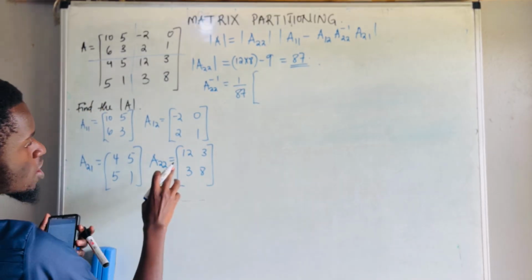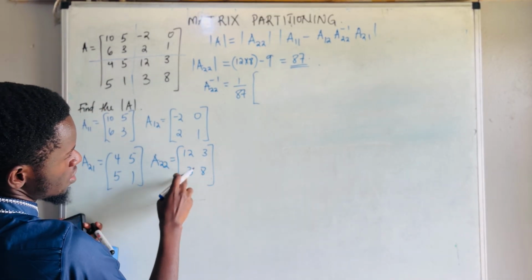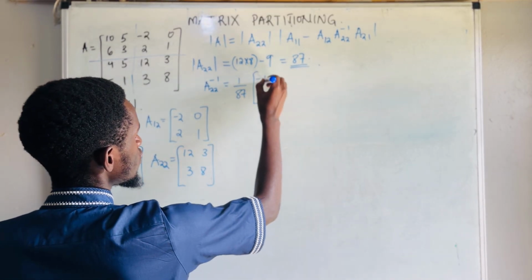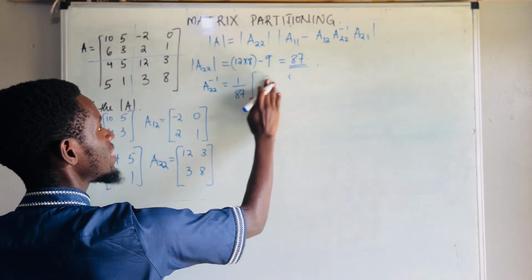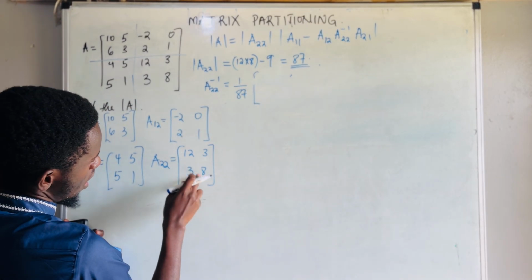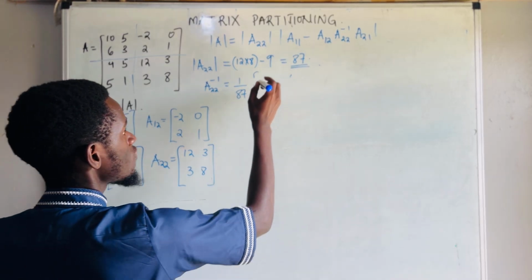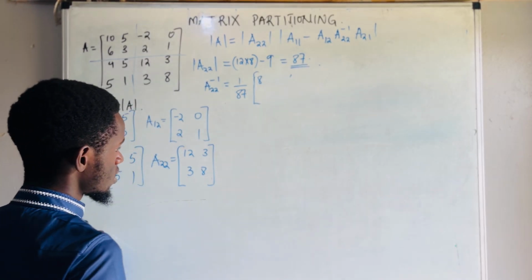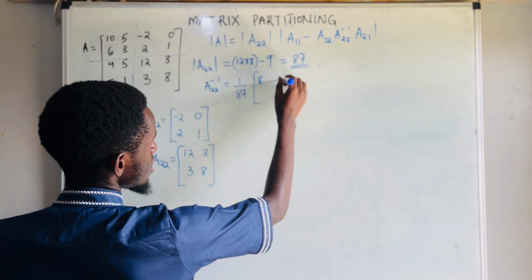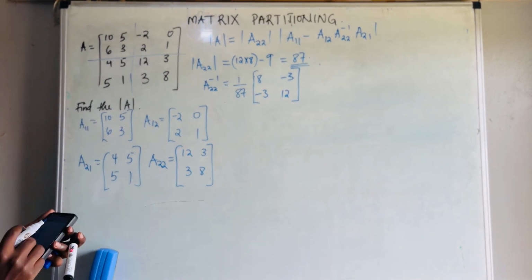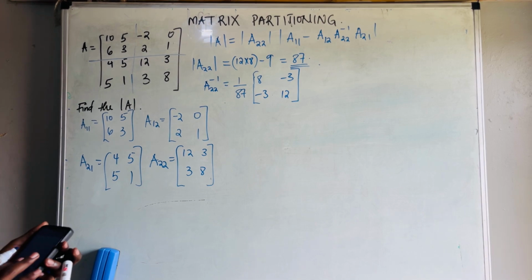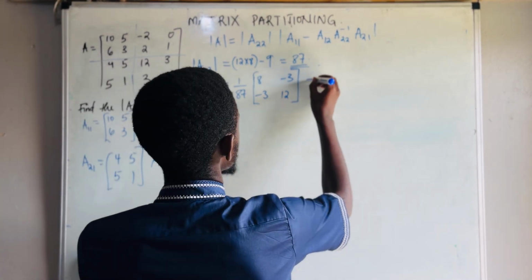Adjoint, just for a 2 by 2 matrix, you interchange, then change signs. This one comes here, then I change signs here. Then I'll have 8, and I have a 12 here. Now signs here change: negative 3, negative 3. Something like that.